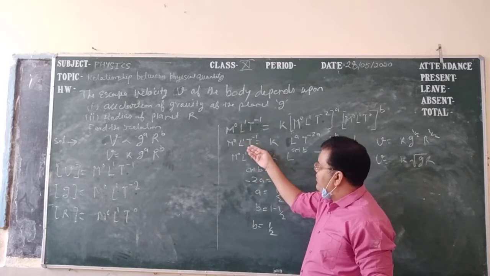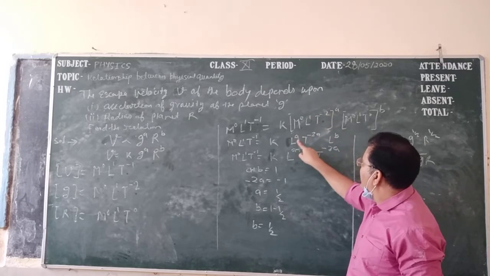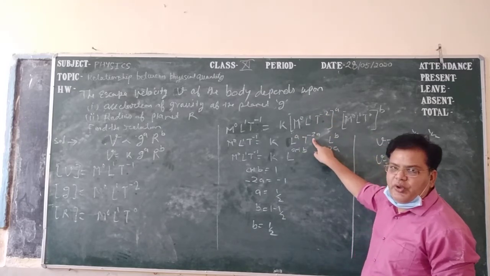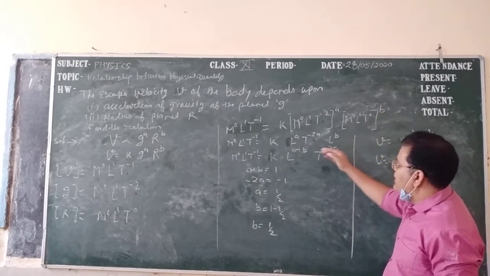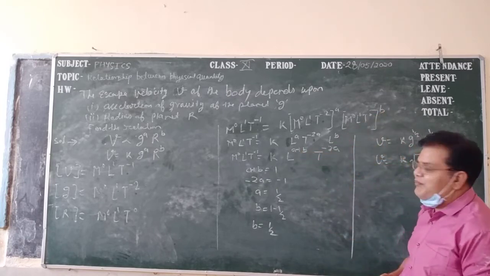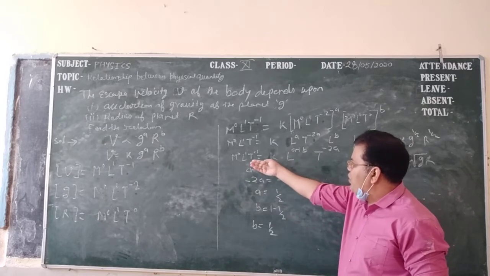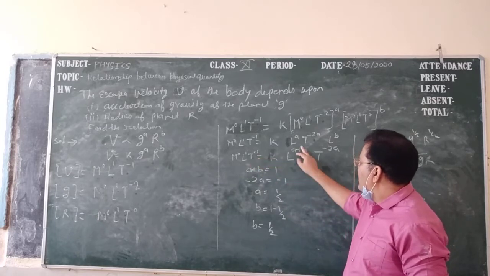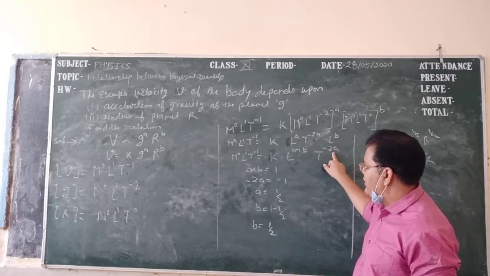So m0 l1 t minus 1 equals K, L to the power a, t to the power minus 2a, and L to the power b. When the bases are the same, the powers are added, so m0 l1 t minus 1 equals K, L to the power a plus b and t to the power minus 2a.